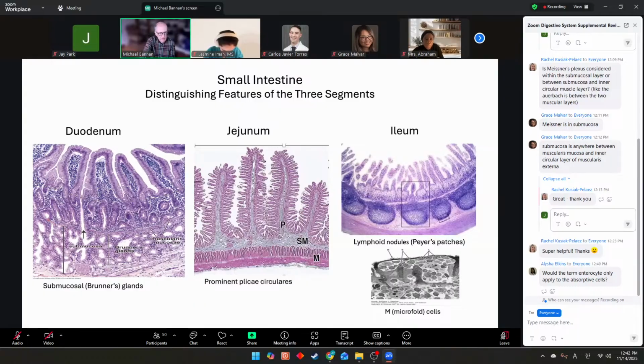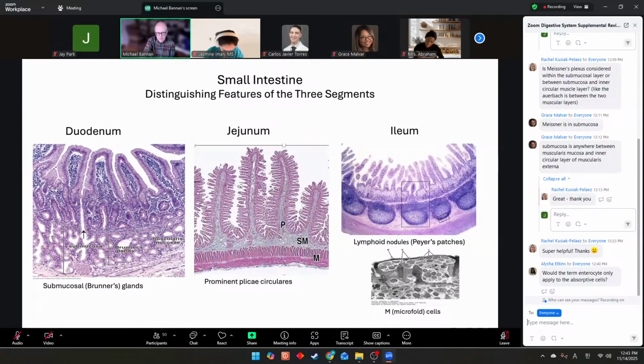It's very subtle, but it's these spindly cells in this very thin layer which separates the mucosa above it from the submucosa below it. But in this tissue, the submucosa is packed in this section with glands. And these are the Brunner's glands, whose function is to produce an alkaline secretion that helps to neutralize the gastric chyme, which is flowing into the small intestine from the stomach.